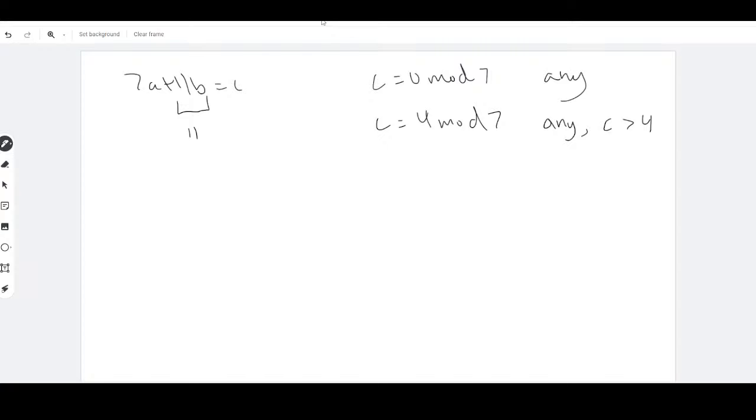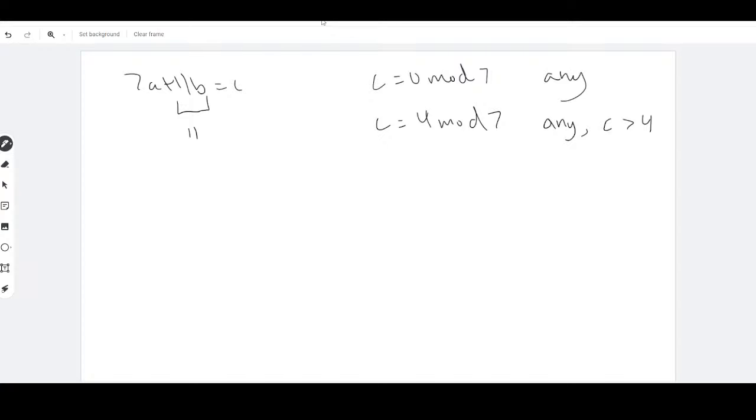And we can apply this for each of the mods. Essentially, if we apply this for each of the mods, we'll see that it's going to be the same thing. We'll always have a solution for C as long as C is greater than some amount. And as long as C is greater than that amount, it gives a minimum for all the C's in that mod 7 range, right?